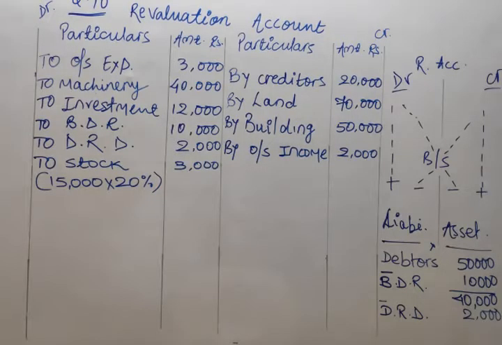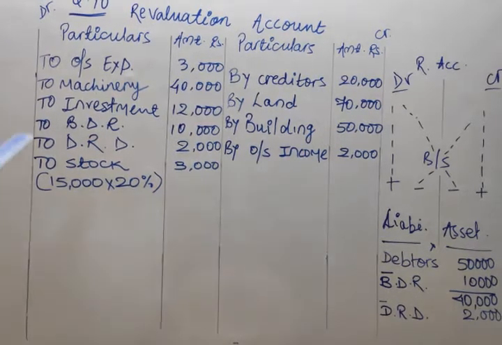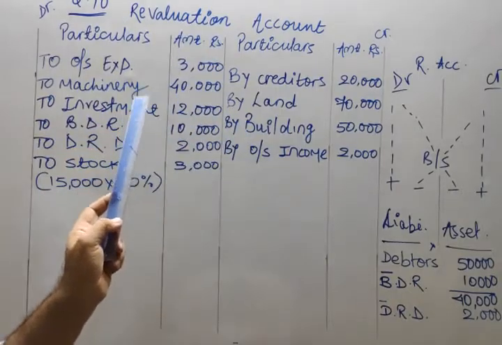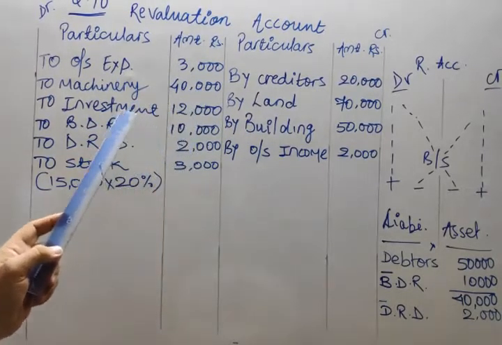Discount reserve 2,000 and stock of 15,000 reduced by 20%.